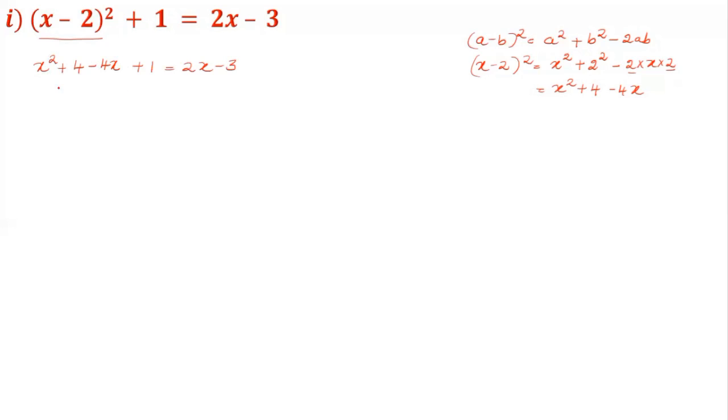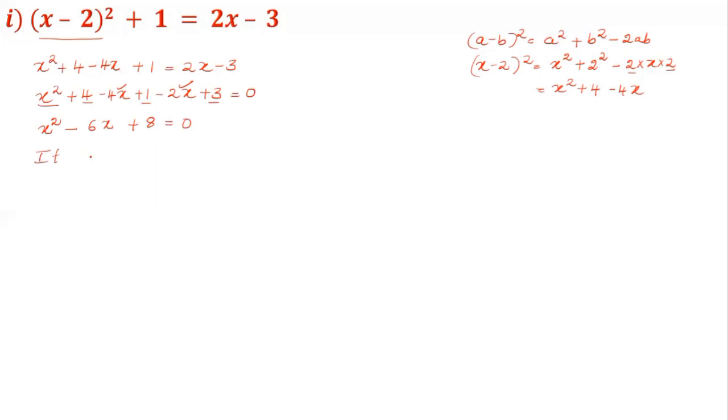2x minus 3. Now, bring all the terms to the left hand side, that is x square plus 4 minus 4x plus 1 minus 2x plus 3 is equal to 0. x square minus 4x minus 2x is minus 6x plus 4 plus 1 plus 3 is plus 8.